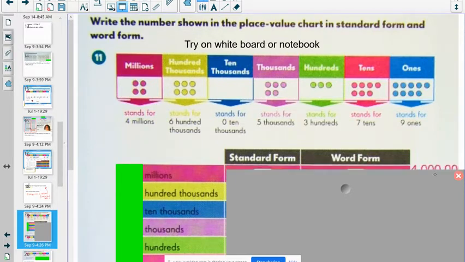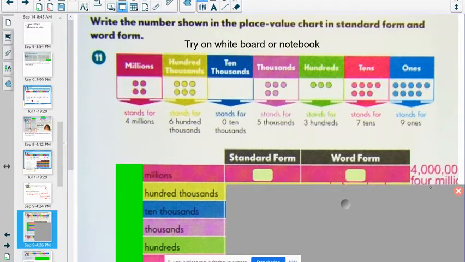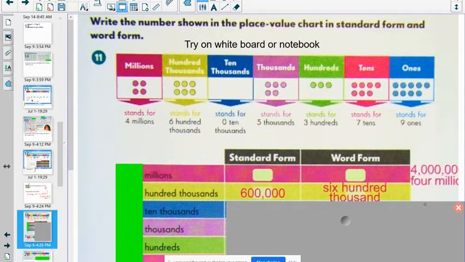And let's see if I have this filled in there. So there's the 4 million, the 600,000. It looks like I've got to fill in. Let me grab yellow again. No, I think green will work better because there's yellow already there. So 4 million, right? 4,000,000. There's your standard form.